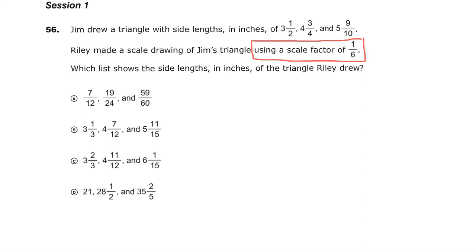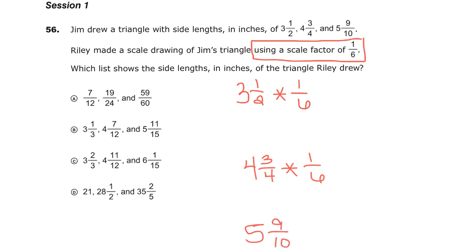So 3.5 times 1/6. 4 3/4 times 1/6. 5 9/10 times 1/6. Everything multiplies by 1/6, and you cannot use decimals here. 1/6 repeats, and you won't have a scientific calculator on the test, so it would be a good idea to be able to do these by hand.